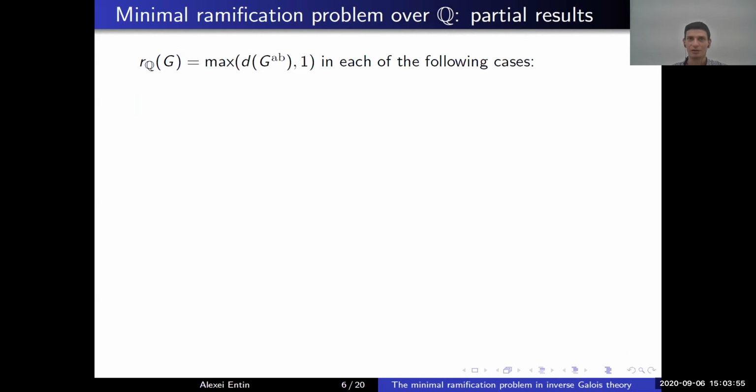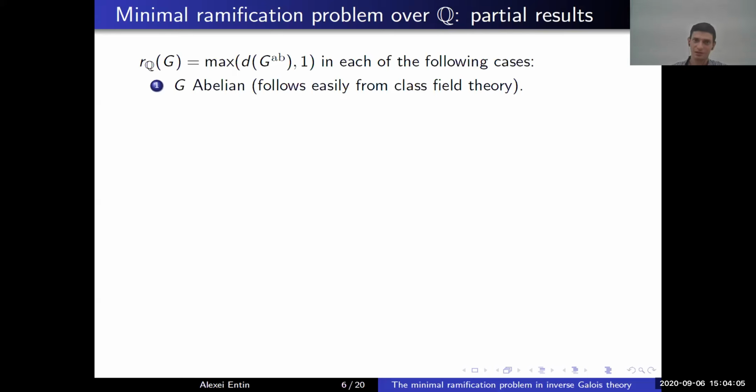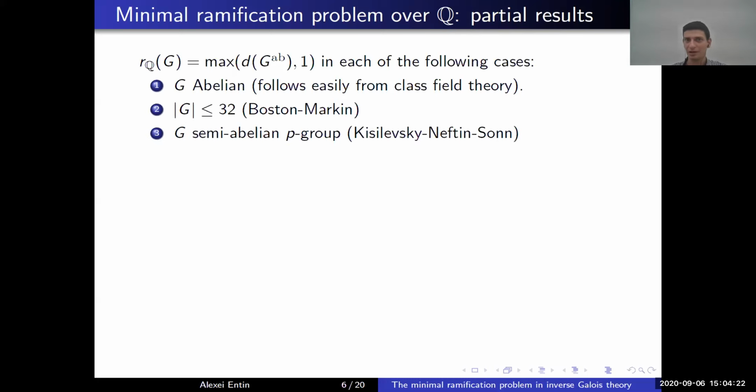Okay, so there are some known cases. The conjecture holds in each of the following cases. First of all, G abelian. This is just an easy conclusion from class field theory, again, cyclotomic extensions. All groups of order up to 32 were worked out by Boston and Markin as evidence for their conjecture.